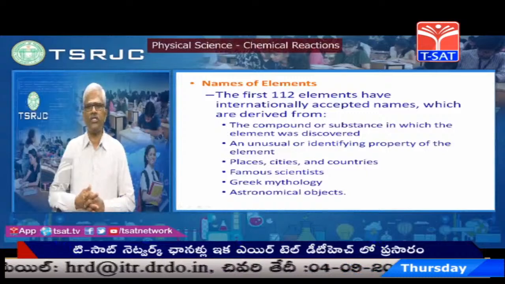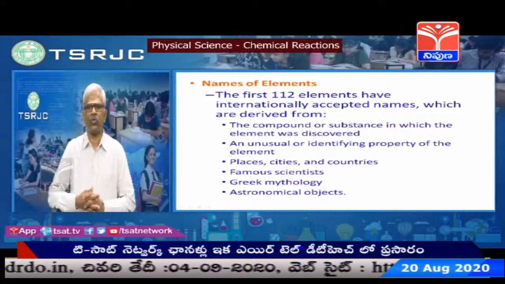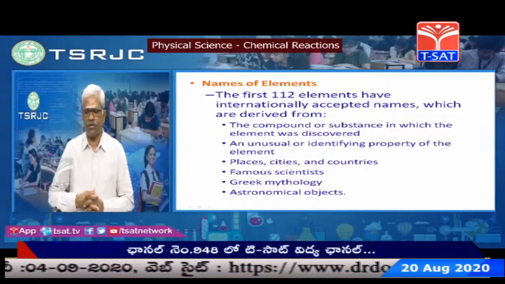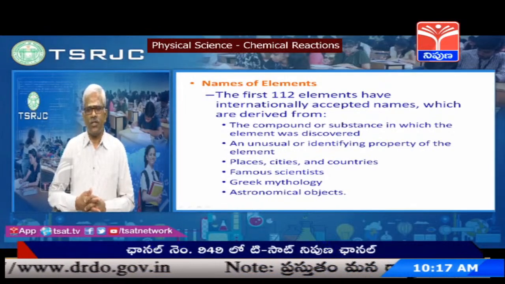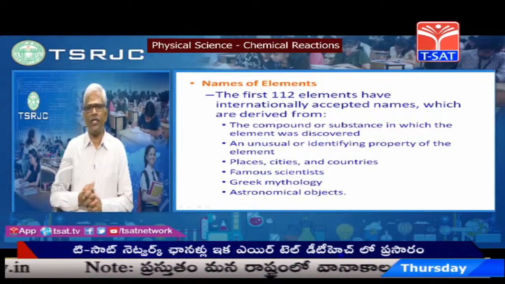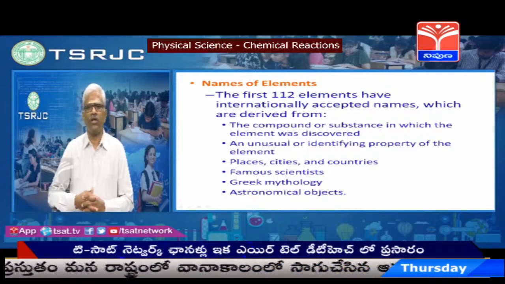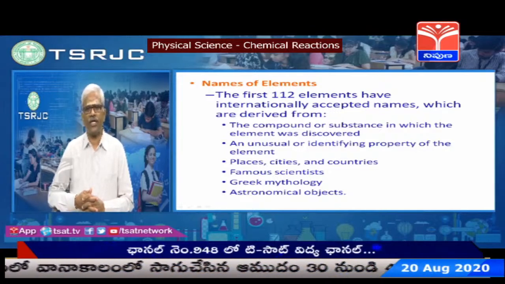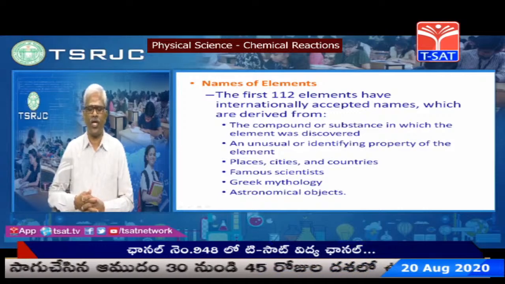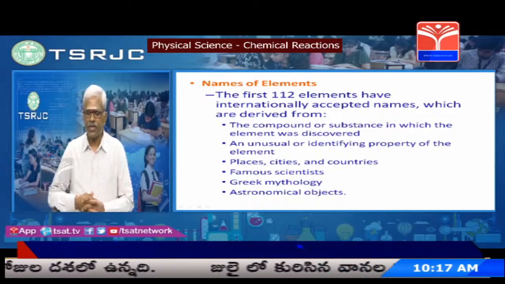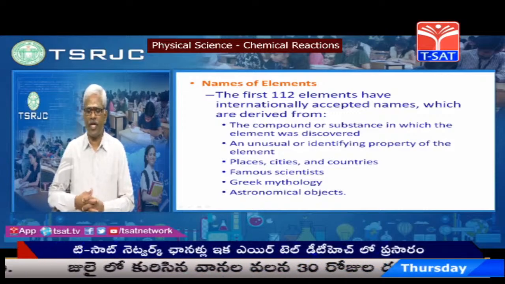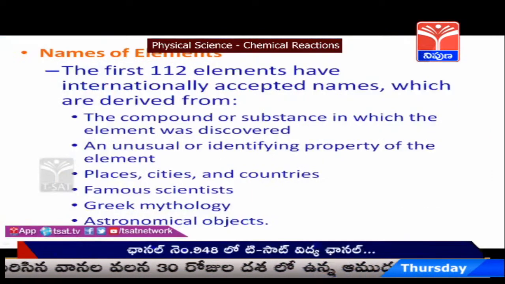So, we named all these elements according to the following criteria. Where the element was abundantly available, basing on that place, we gave names to the elements. And some elements were named after famous scientists.